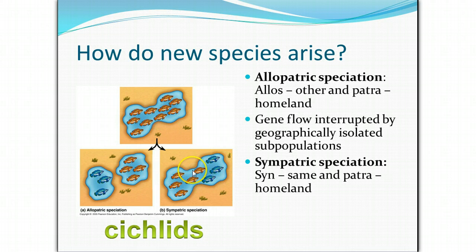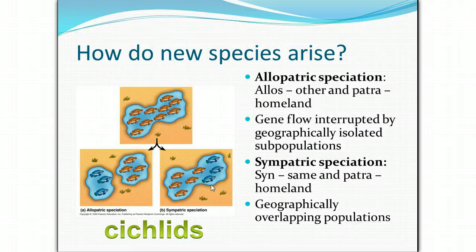So we have the lake, and for whatever reason, in this area we have some bluefish developing, and they have become their own species. And we'll talk about various ways that could occur. Again, sympatric speciation, they're geographically overlapping populations, and there's multiple mechanisms for that. And that's pretty much going to be the focus for the rest of this talk.